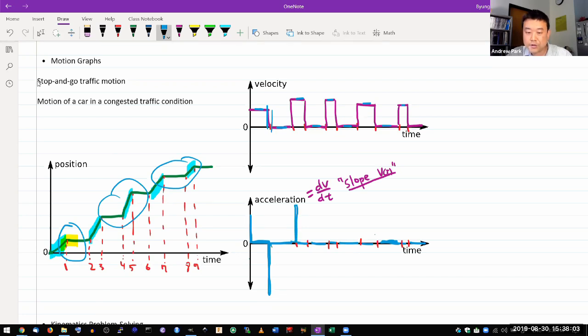So this acceleration curve is very poorly behaved, which is why it's not a good one for practicing how you draw the motion graphs. But basically, these very steep slopes are what gives you these pulses in acceleration. Positive pulse, negative pulse, positive pulse, and negative pulse.